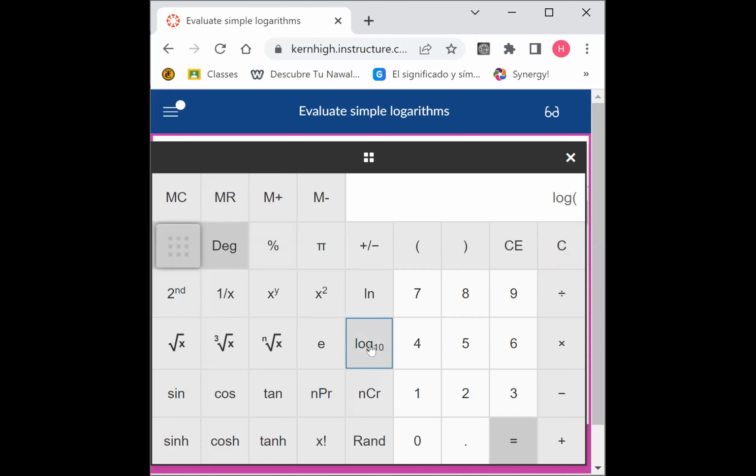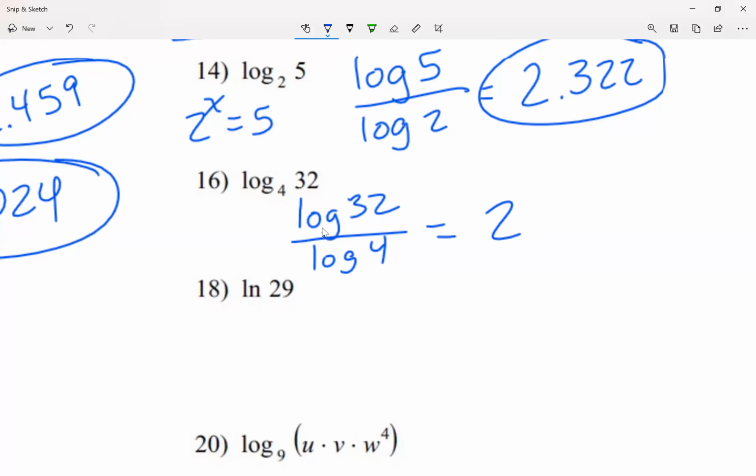So log of 32, close parentheses, divided by log of 4. 2.5. So this is equal to 2.5.